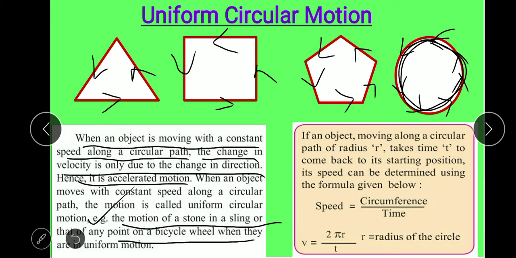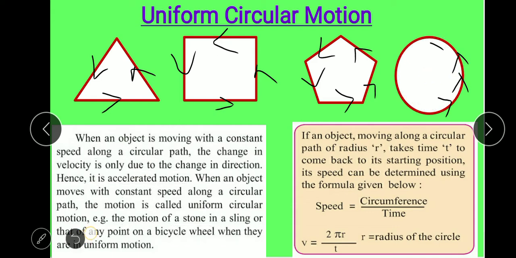Students, we have a formula. Suppose an object is moving along a circular path of radius r. Any vehicle is moving along a circular path and the radius is r.